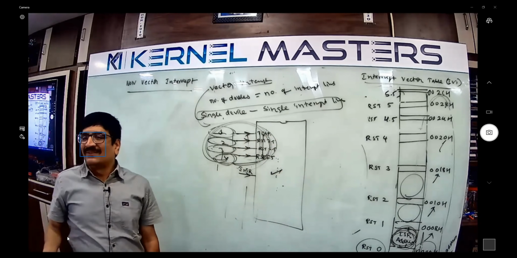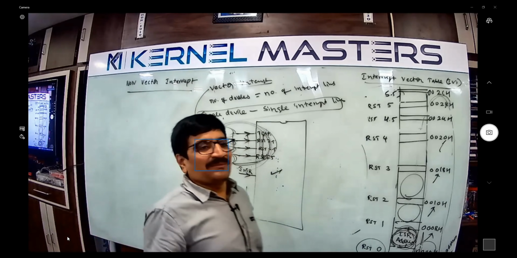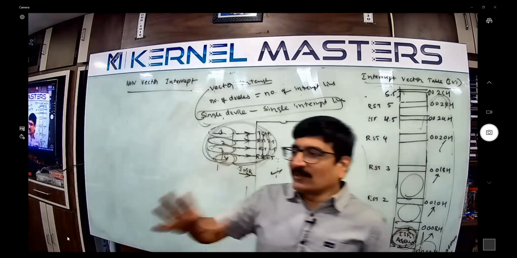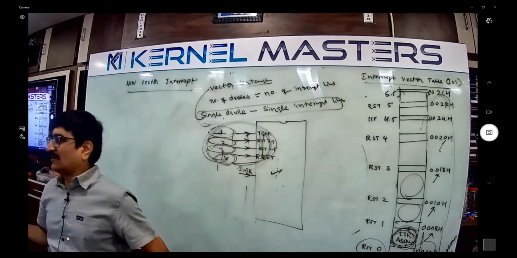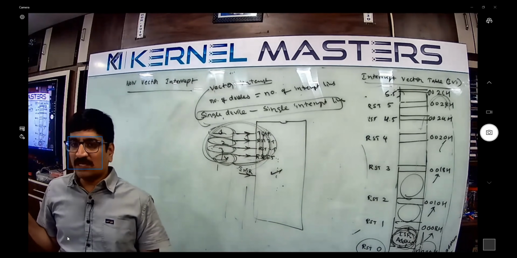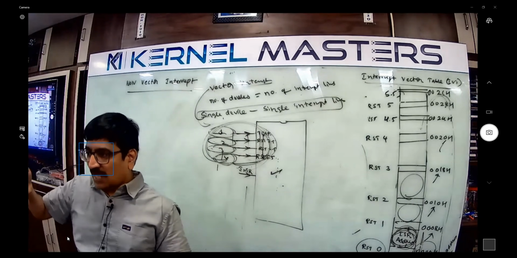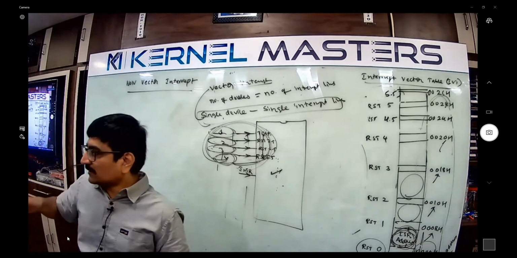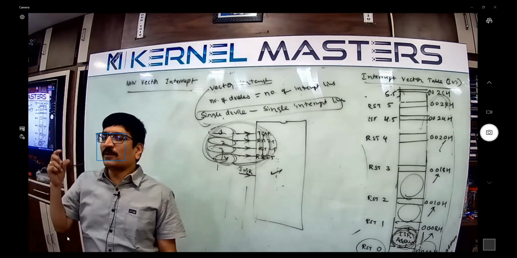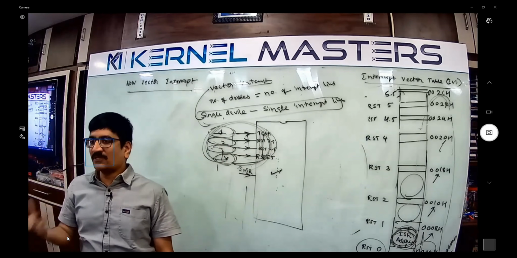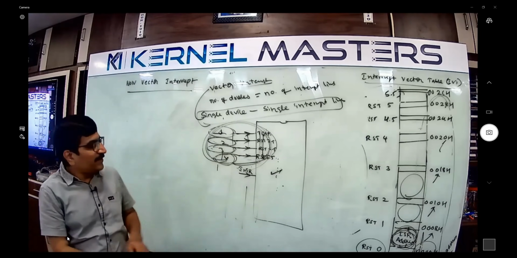What is the microprocessor's actual job? Always the execution of instructions. The microprocessor communicates with memory and loads the instruction. The main goal is execution of instructions.